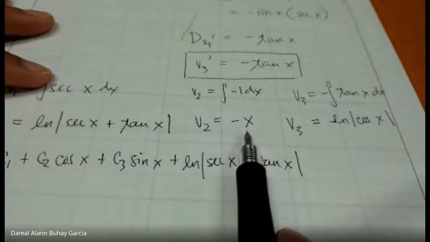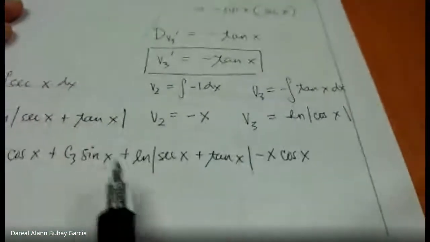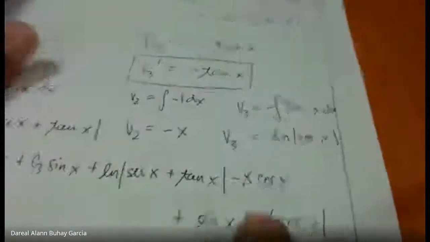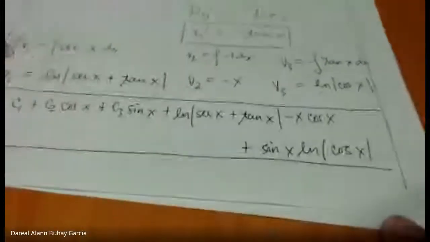Plus V2 cosine x, so minus x cosine x. And last, plus V3 sine x. Plus sine x ln cosine x. And final answer. And that's it. Okay.